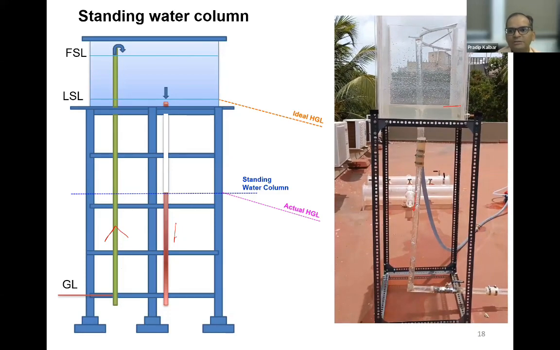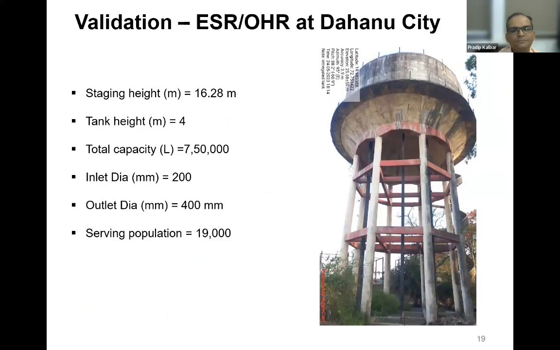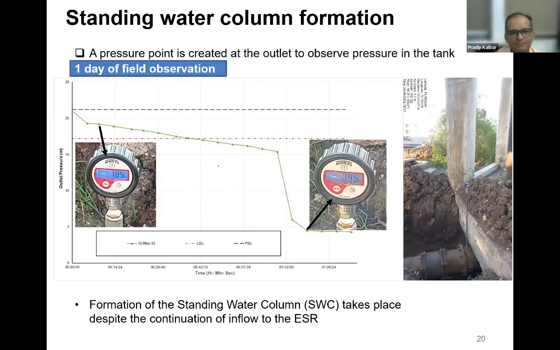So what is happening? Our tank levels are remaining low. Those are causing a tremendous amount of problems. So we conducted actual validation at one overhead reservoir, an ESR, at Dahanu city near Mumbai. The tank was of 7.5 lakh liters capacity, with 16 meter staging height. What we observed is that after, let's say, 30 to 40 minutes, there is a tremendous drop in the level.